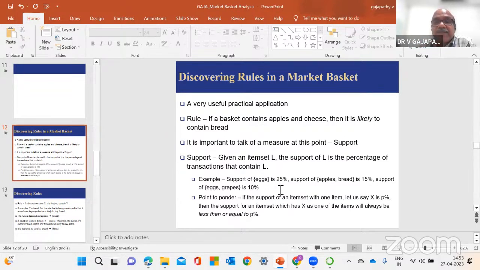Example, support of X is 25%. Support of apples, bread is 15%. Support of X, grapes is 10%.